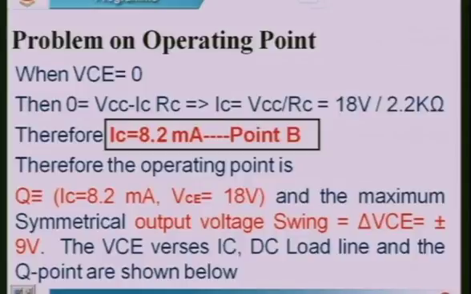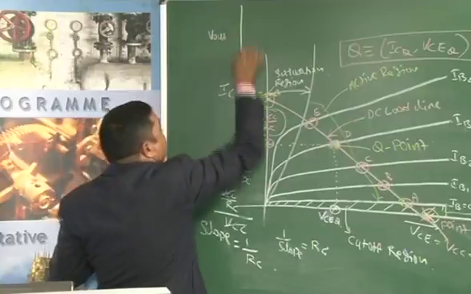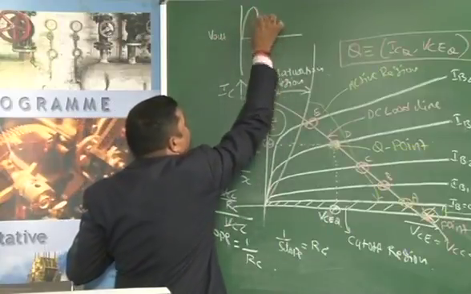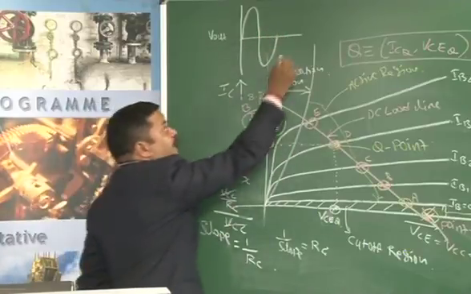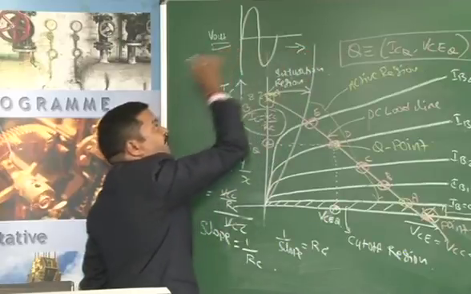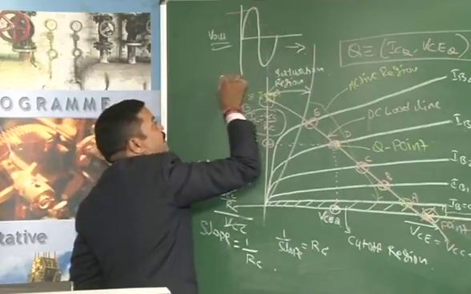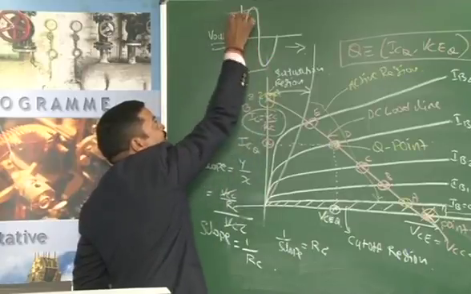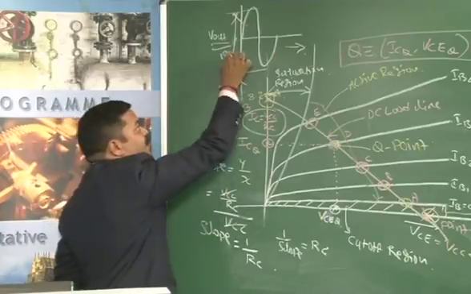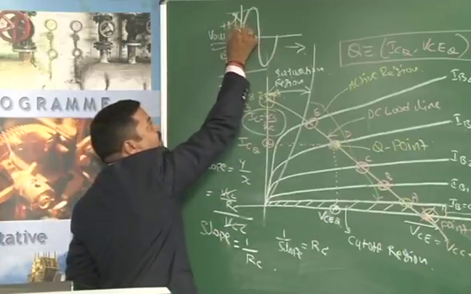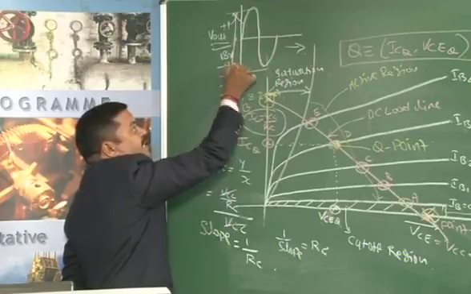And the maximum symmetrical output voltage swing. So what is this maximum symmetrical output voltage swing? When we take the output Vout, as I told you, the positive half should be the same as the negative half, and this is the amplified output voltage. The 18 volts is split, and out of this 18 volts, the positive half will be plus 9 volts and the negative half will be minus 9 volts.